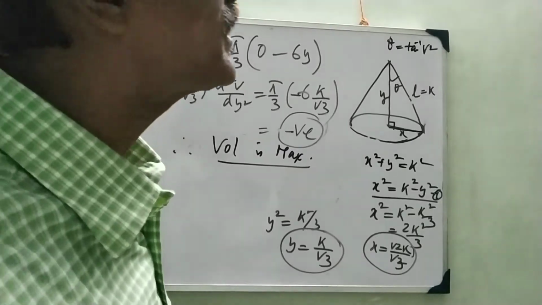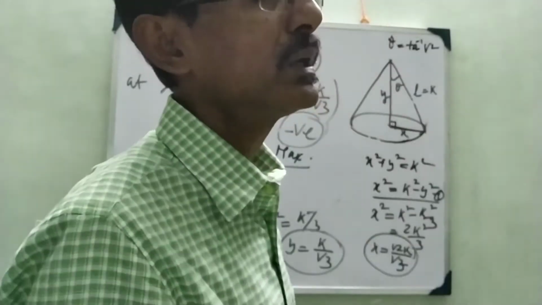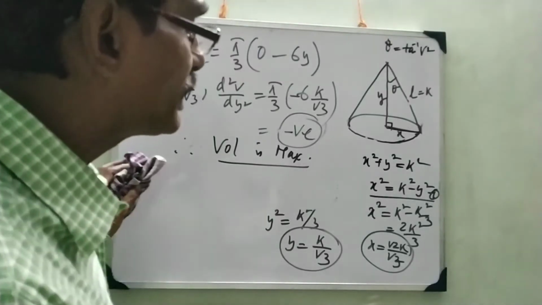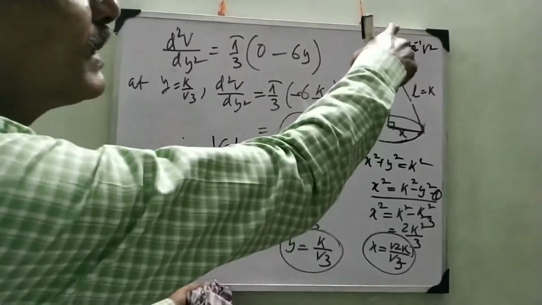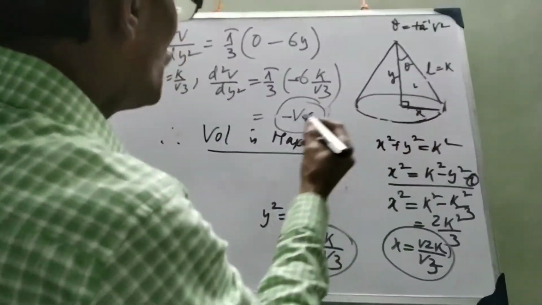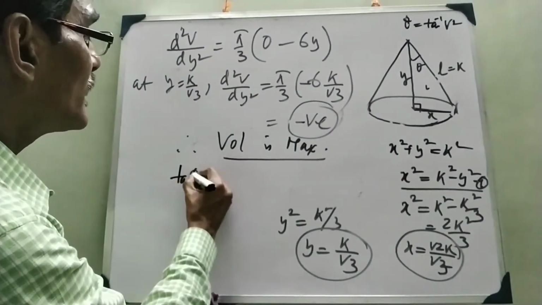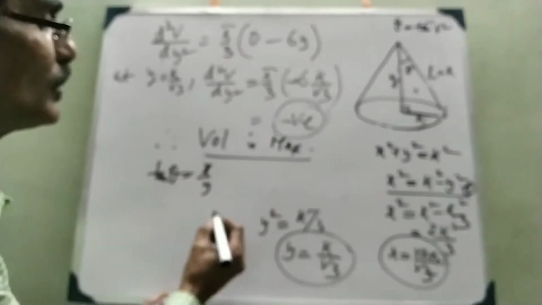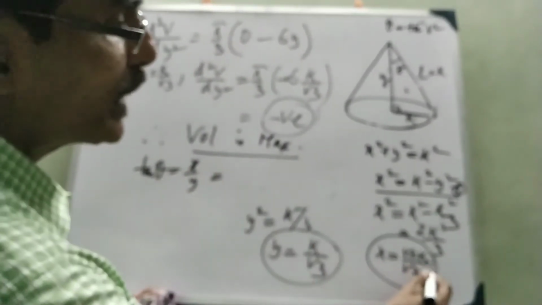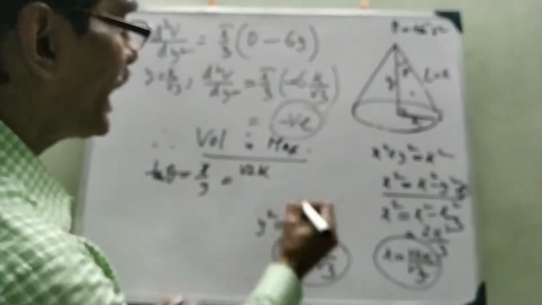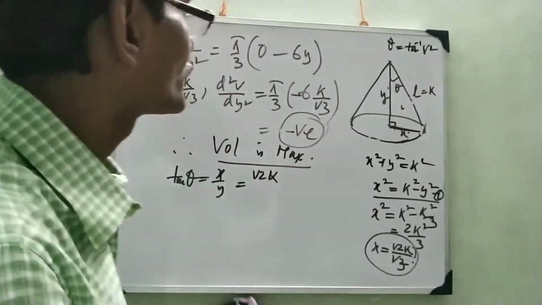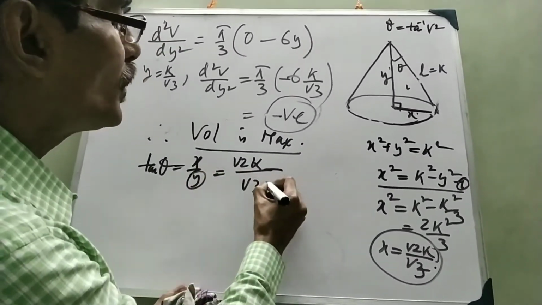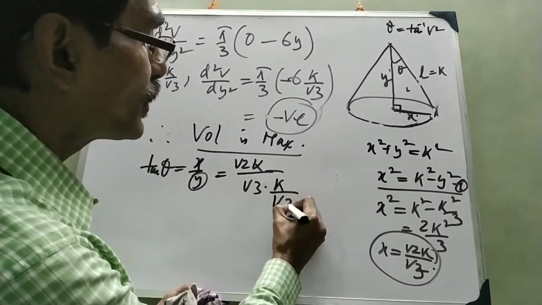Now what is the second proof? We have to prove theta is tan inverse root 2. It is very simple. From the right angle triangle, tan theta equals x by y. The x value we already have is root 2 k by root 3, and the y value is k by root 3.